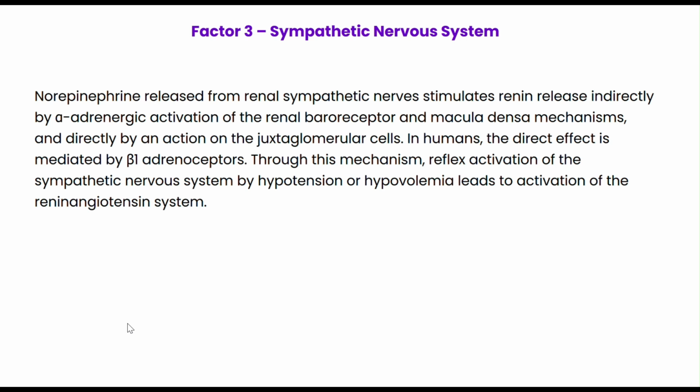This system is particularly important in emergencies, like when you are dehydrated or bleeding, to quickly restore blood pressure and fluid balance. Picture your body like a fire alarm system. When there is a drop in pressure, the sympathetic nerves sound the alarm by releasing norepinephrine to stimulate renin release.